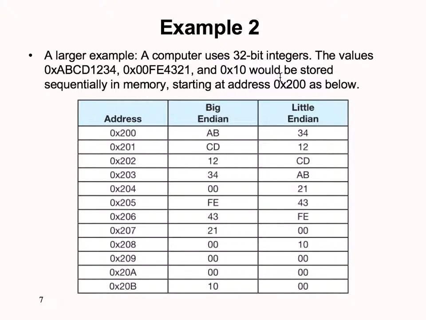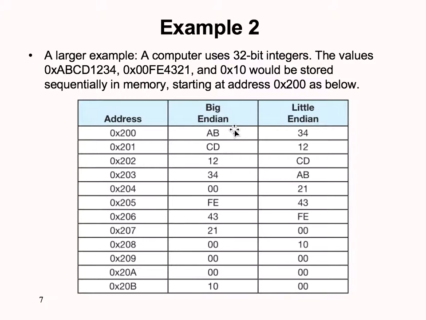We want to store the information sequentially in memory, starting at address 200, as shown in the table below. You can see the first column, the addresses, starts at 200 and so on.